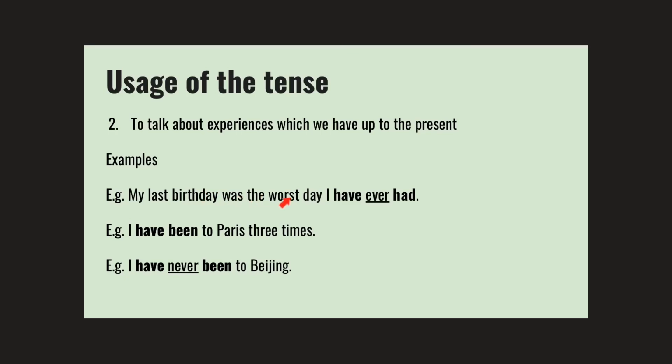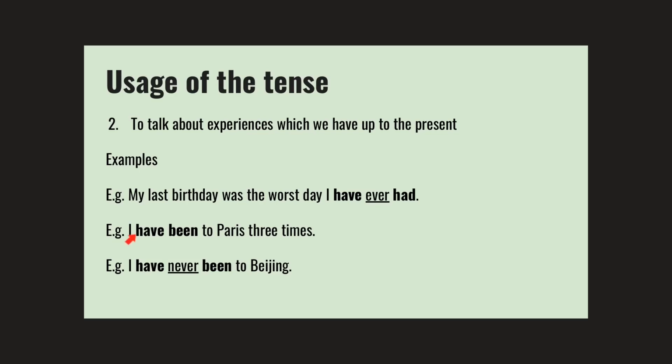Is there another worst day he or she has had? Not yet. So for his or her experience, his or her last birthday was the worst. All right. Because he or she hasn't had another worst day yet.